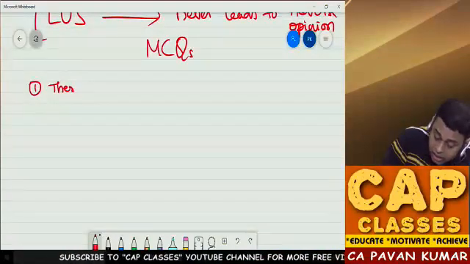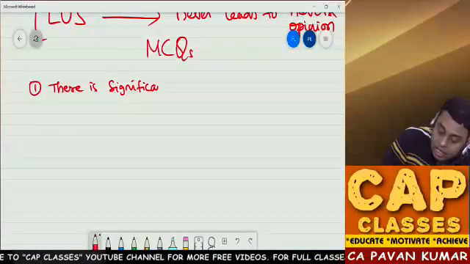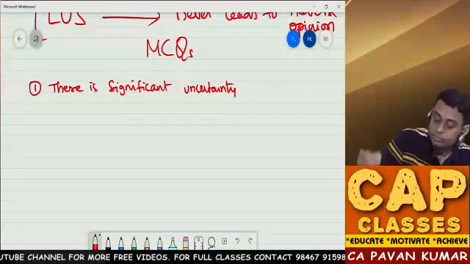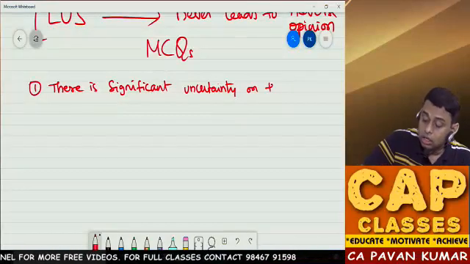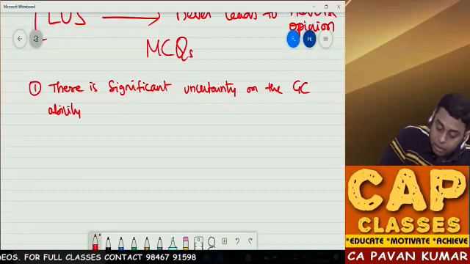One very important MCQ I'll tell you. There is significant uncertainty on the going concern ability of the enterprise.